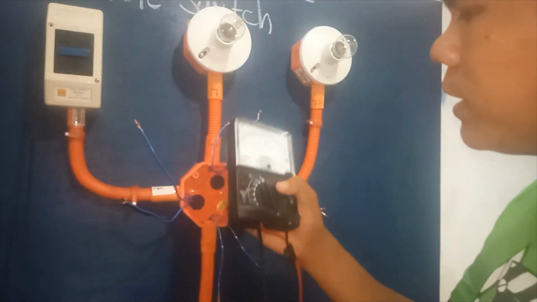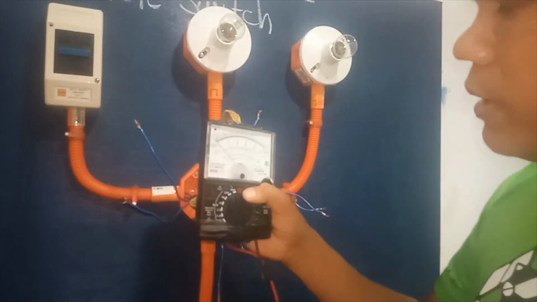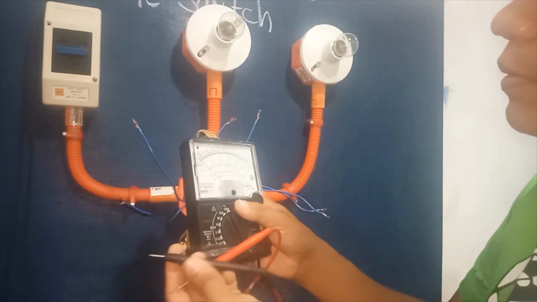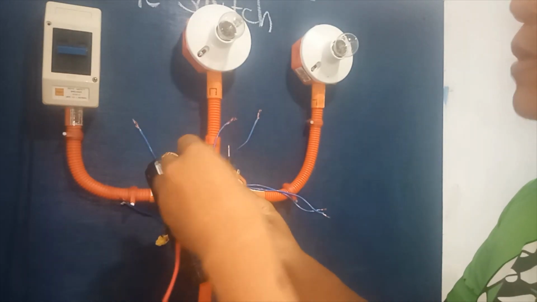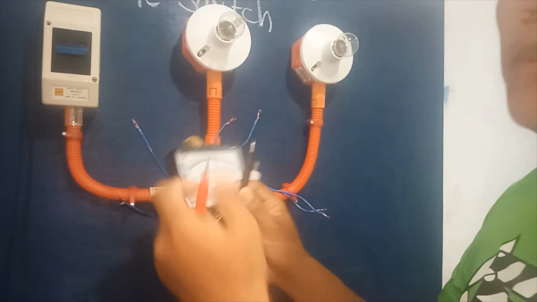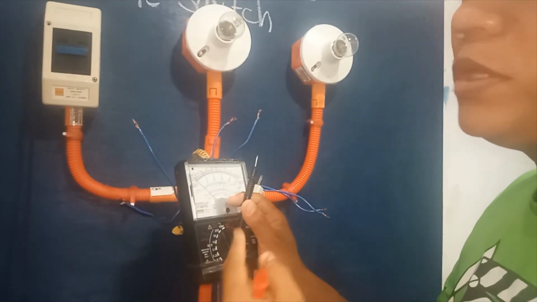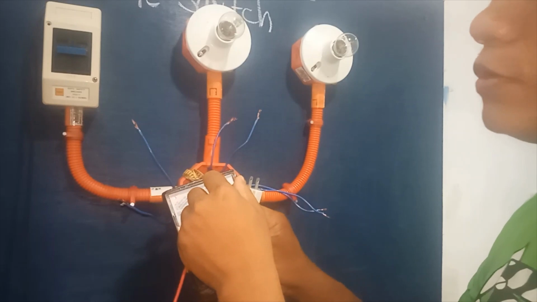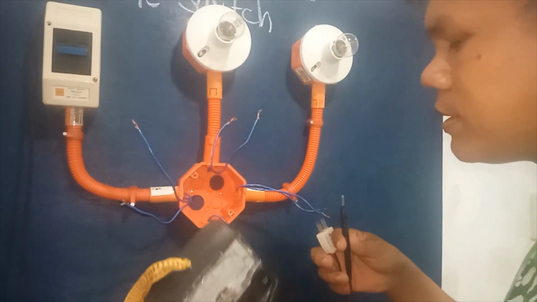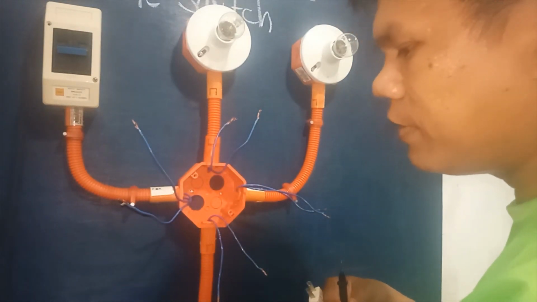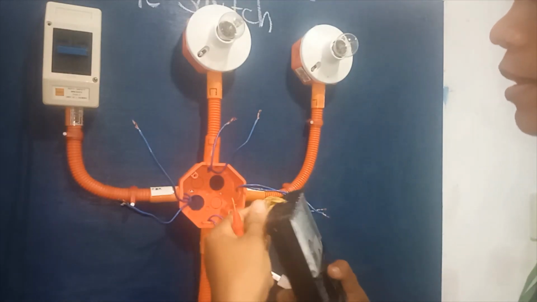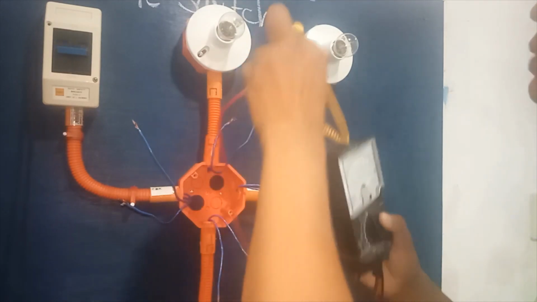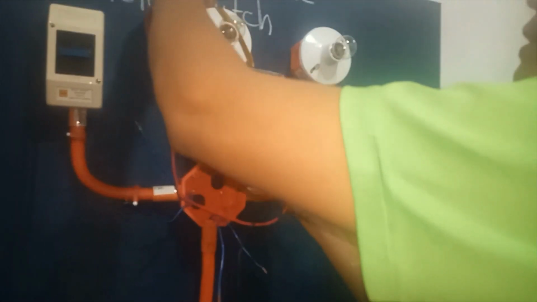Itong klaseng multitester ko po, mayroon po itong sounder po. Meaning to say, there is a continuity between the two lines being tested. Kasi continuity testing lang to guys. Okay? So once tutunog tong tester natin, meaning to say, mayroon po siyang continuity mula doon sa ating tinitest na wire.